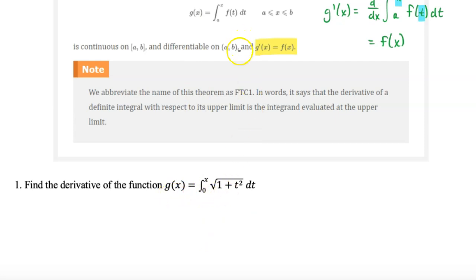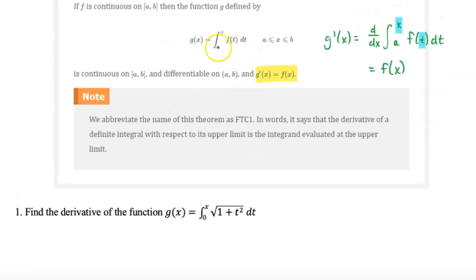And so I know, based on my fundamental theorem of calculus, all I'm doing is plugging that upper bound, which is x, in for the t in my function. So the derivative is automatically going to be what's inside of this integral evaluated at x. So the square root of 1 plus x squared. And that is literally it.